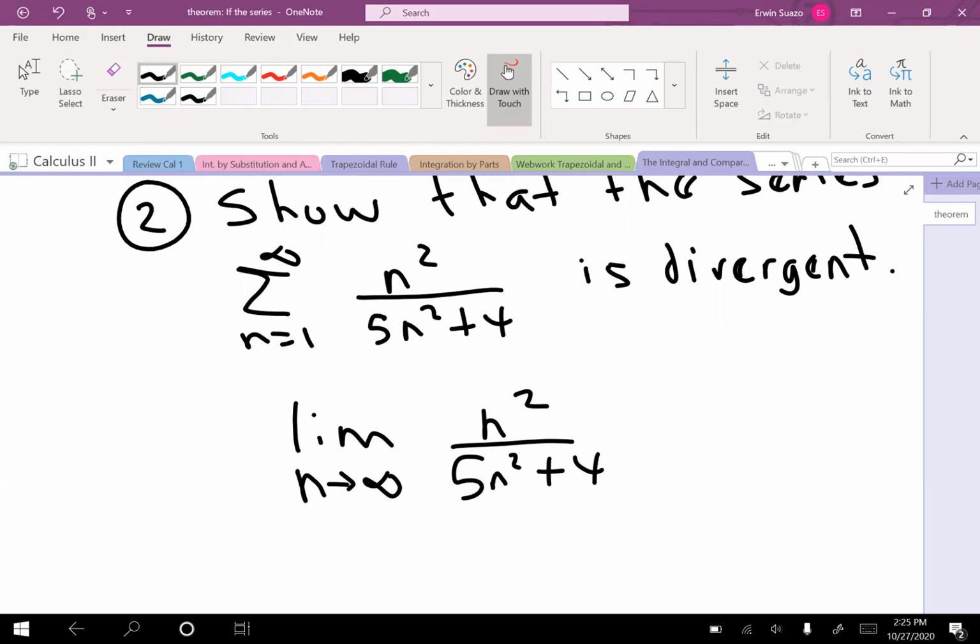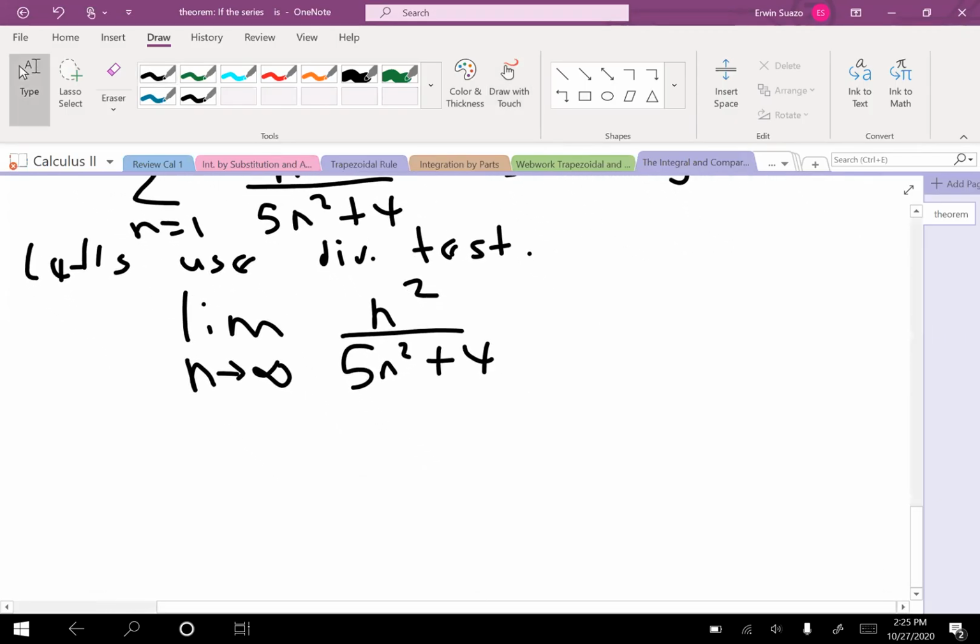So let's use the divergence test. We need to check this limit. How do we find that limit? You guys remember? What is this limit? Somebody found it? I'm sure somebody knows. From pre-calculus or some reason, you know this limit.